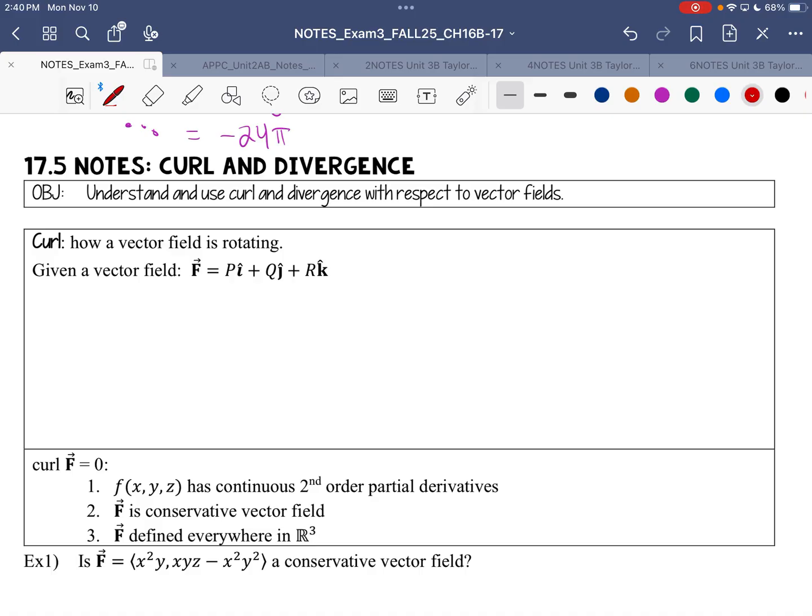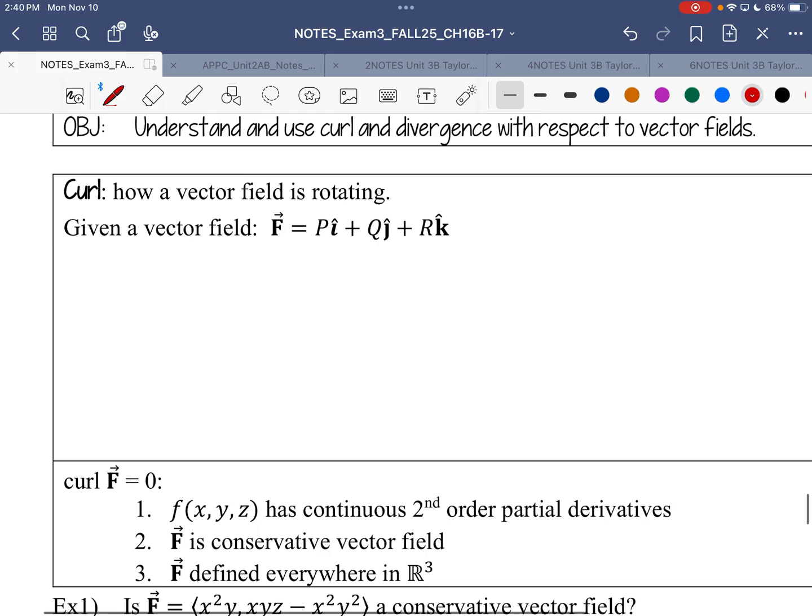And if you're given a vector field PQR, then there's this new operator. It's not really new, I guess, but it's like standing by itself.